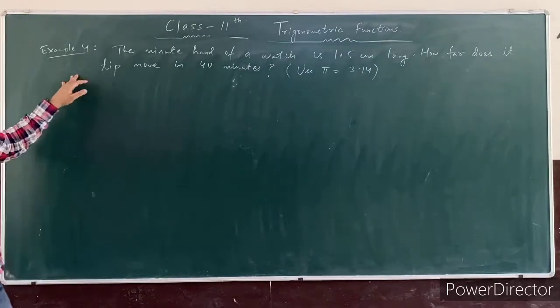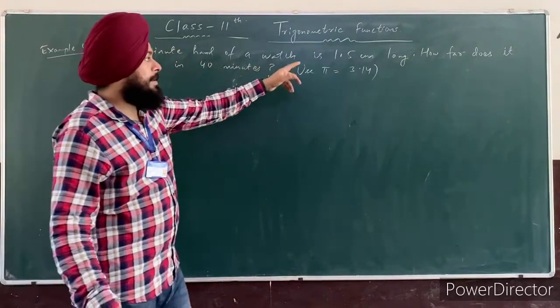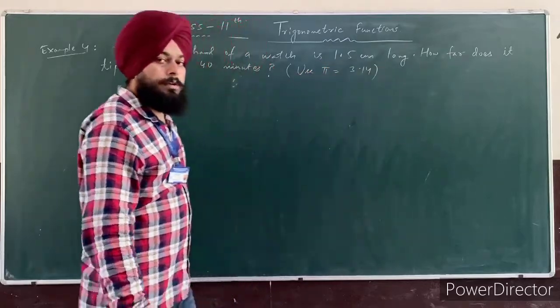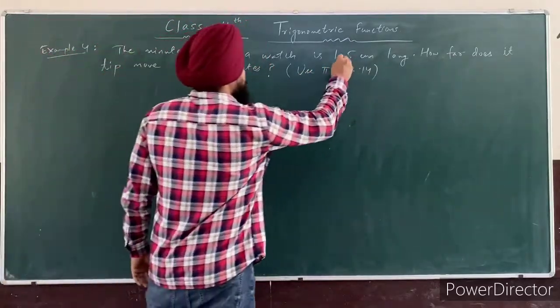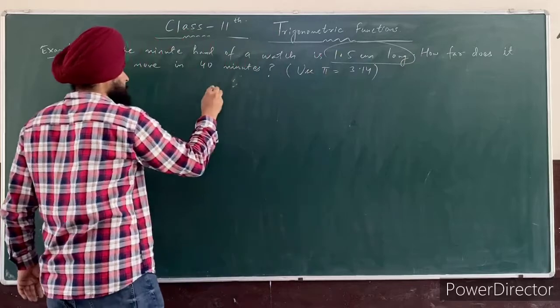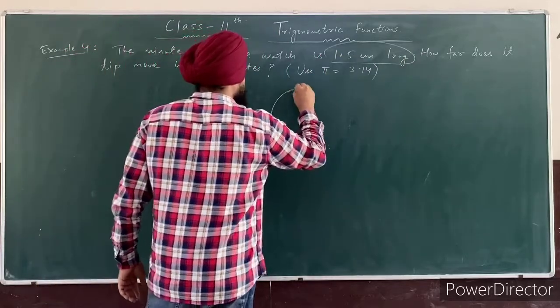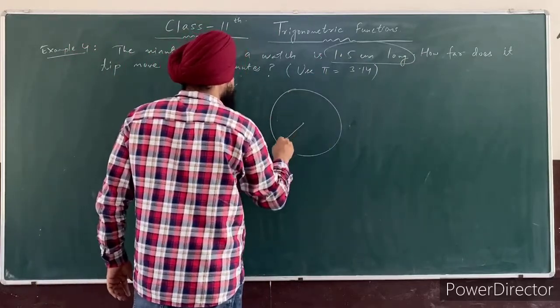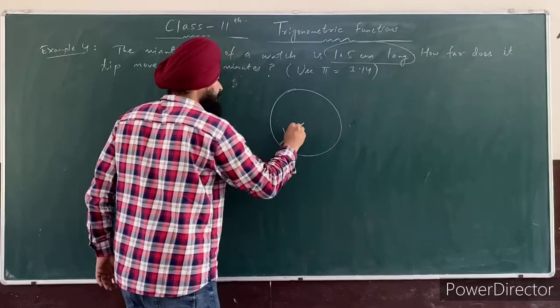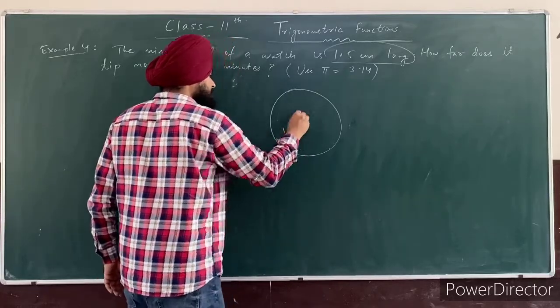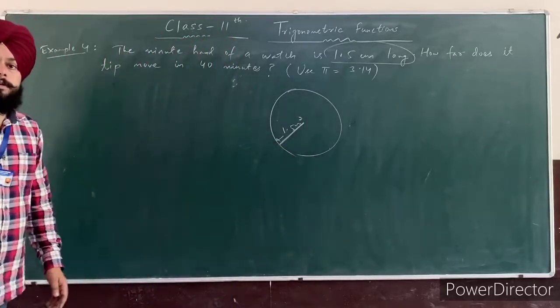Next example 4. The minute hand of a watch is 1.5 centimeter long. It means 1.5 centimeter is what? It is the radius of the circle. Clear?